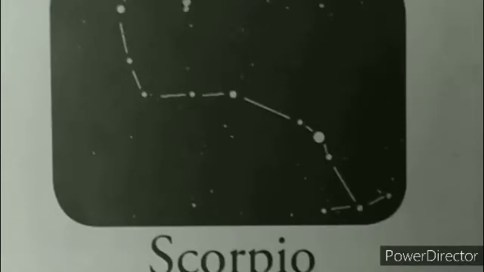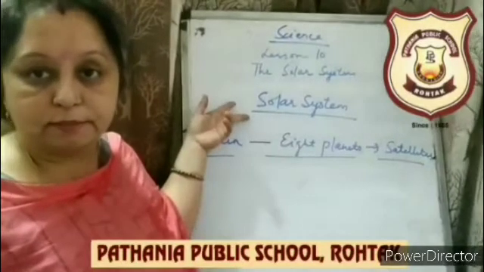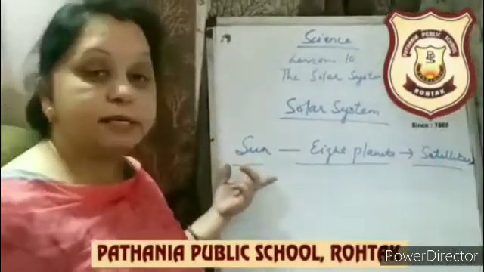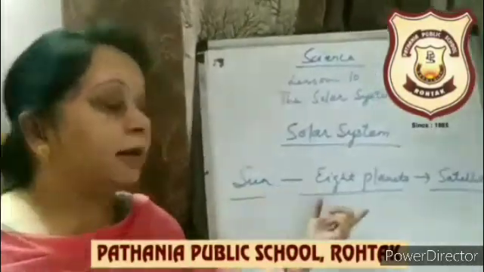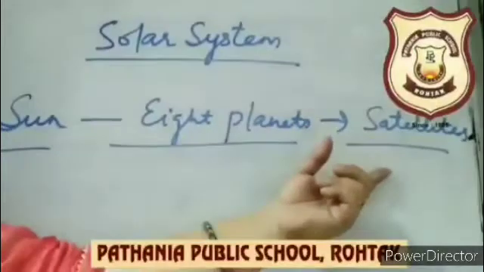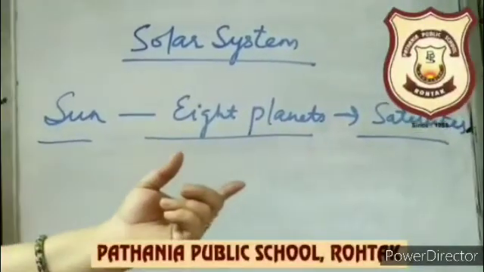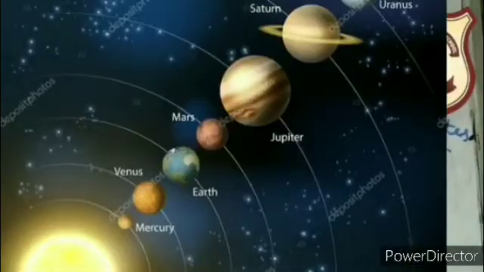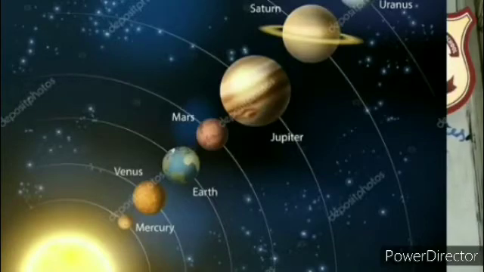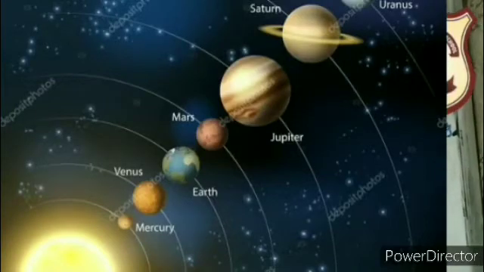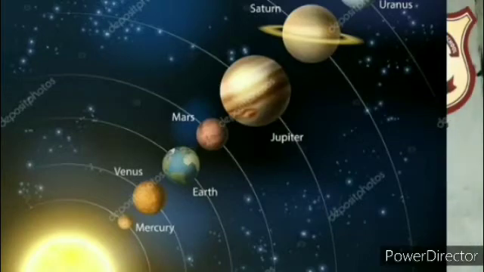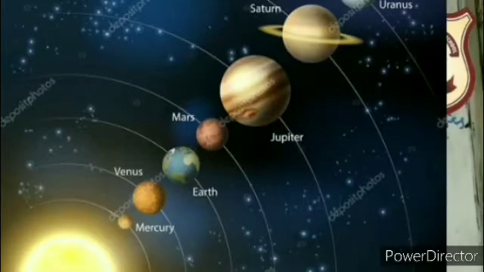Okay beta. Third topic, solar system. The sun's family is known as the solar system. The sun, its 8 planets and satellites form the solar system. The sun is in the center, and all the planets revolve around the sun.